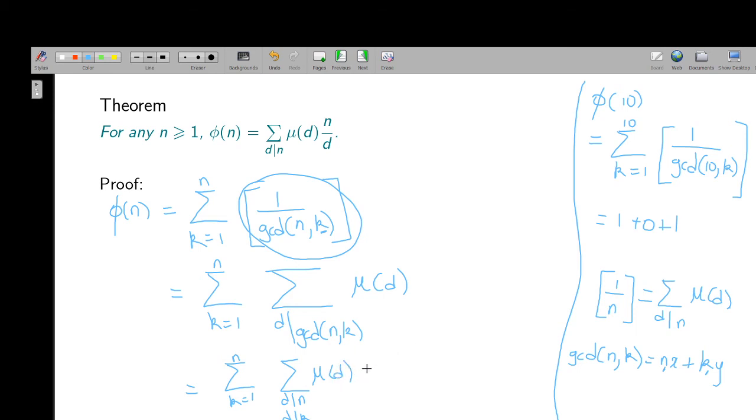Now, the question is how many times each mu d appears in this double sum.